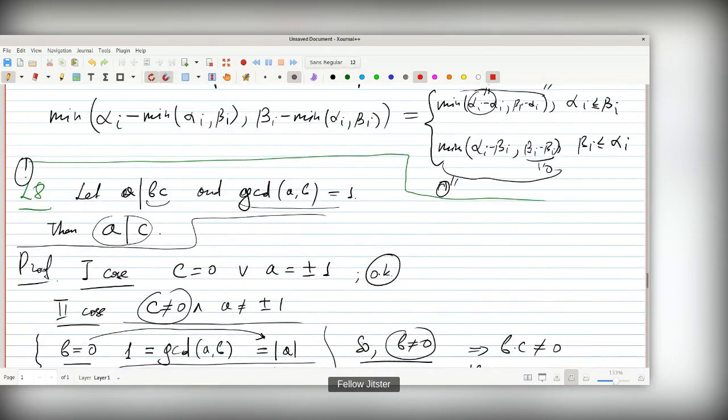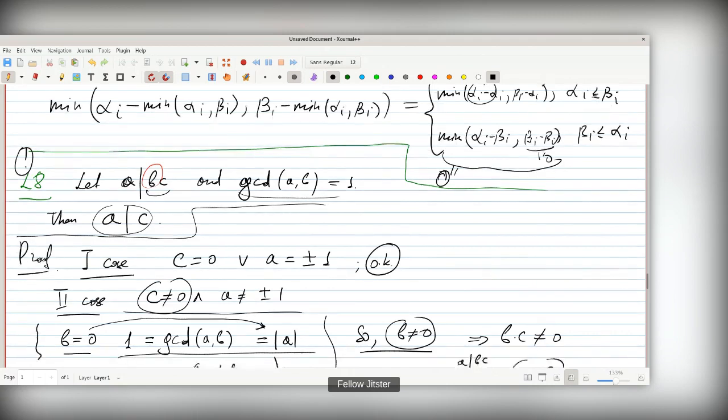So that means that we can cancel out a coprime factor from a divisibility statement. And that means that you can sometimes cancel a number out of a congruence.